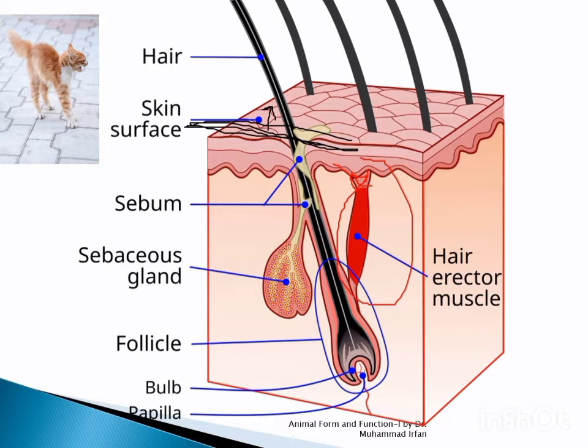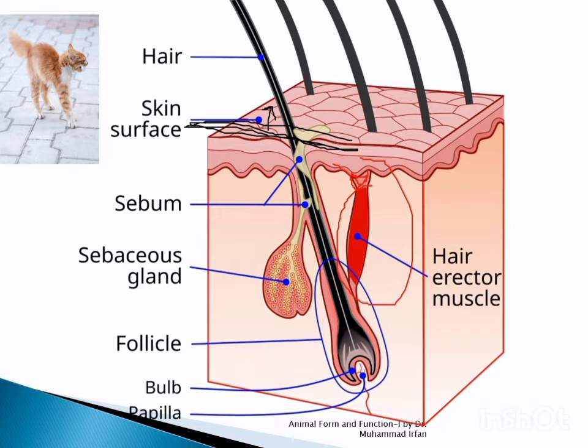Normally, the hair follicle and the hair inside it are at an oblique angle to the surface of the skin. They are not straight at a right angle to the skin, but when the erector pili muscle contracts, it pulls the follicle into a position perpendicular to the surface of the skin, and the hair stands on end.